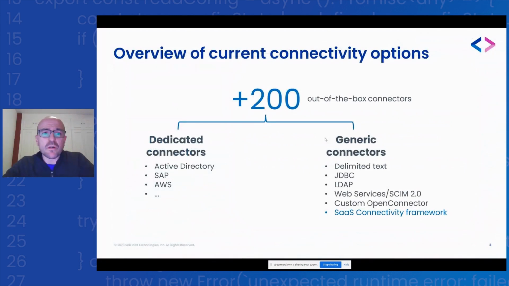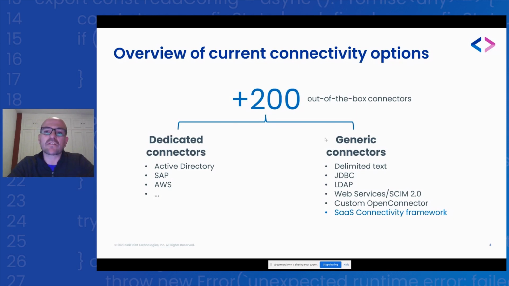SailPoint has more than 200 connectors at the moment, ever growing, and I like to see them in two categories: dedicated connectors and generic connectors. Dedicated connectors: you have a technology, we have a connector, and it's easy to connect, and it's dedicated to that specific technology with knowledge about the data in there.